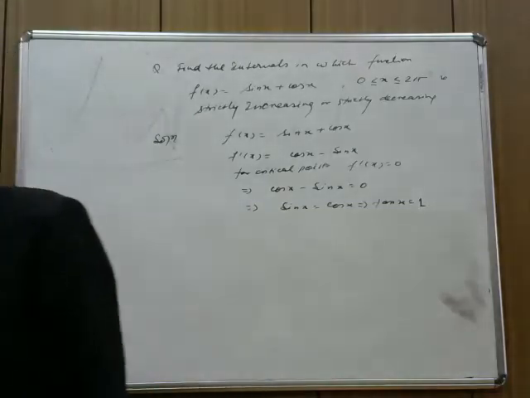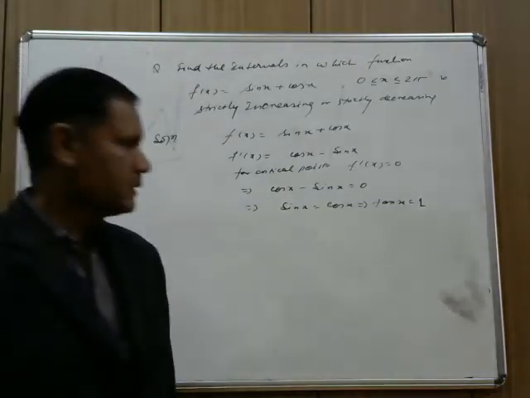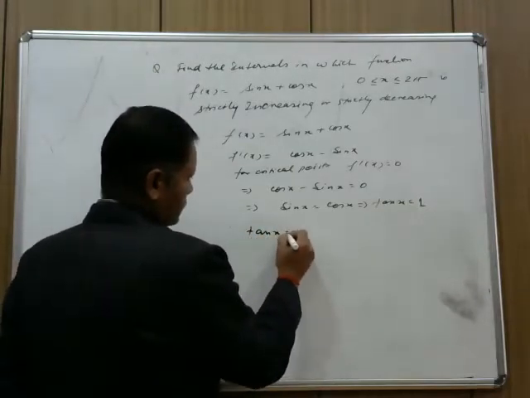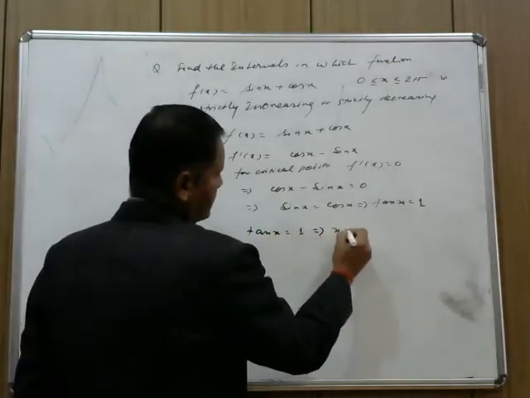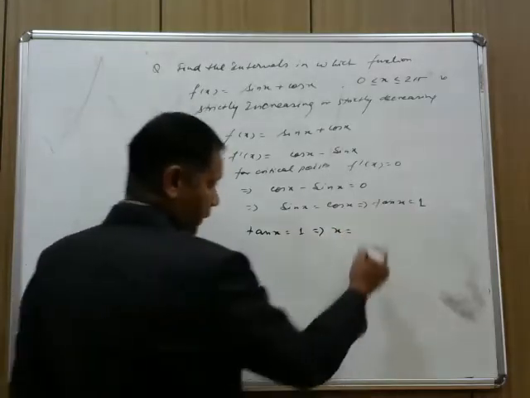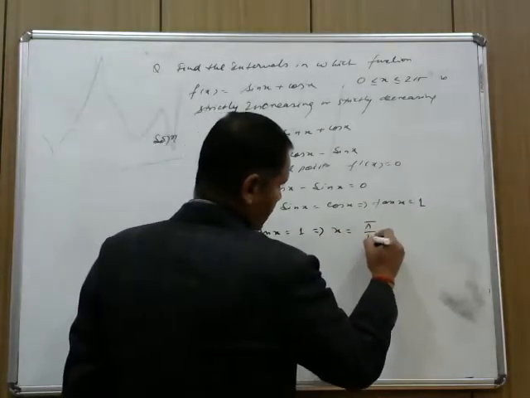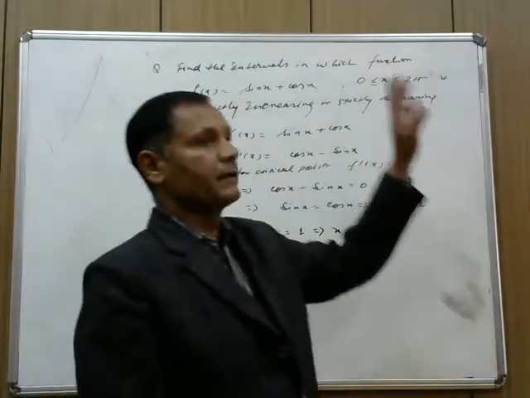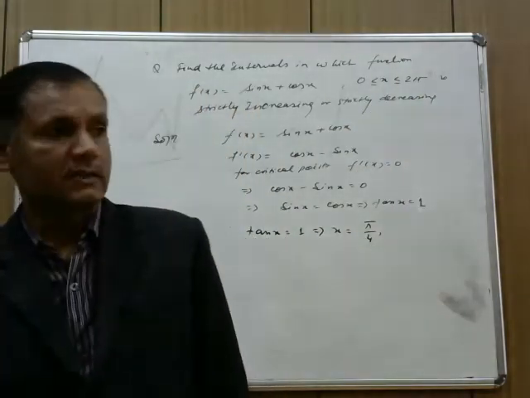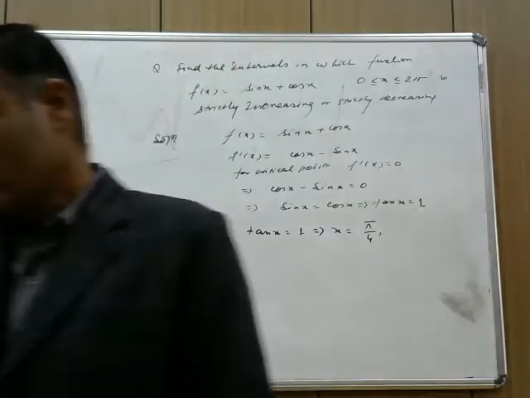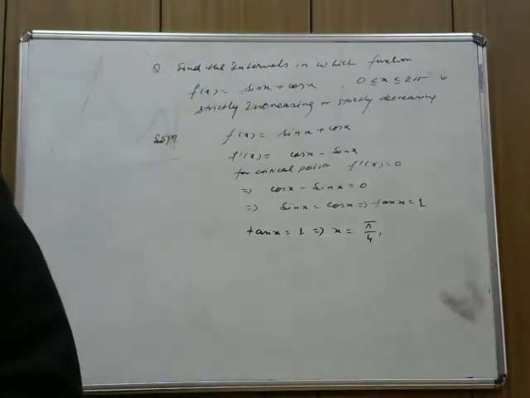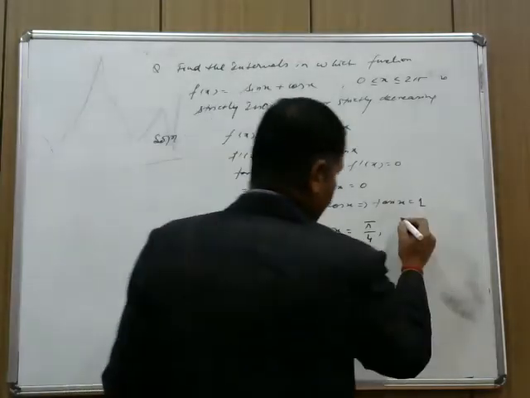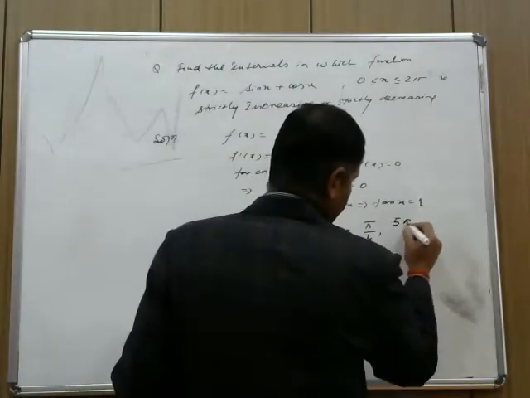Now tan x is equal to 1, right? Therefore, it implies that x is equal to pi by 4. But it is given that x lies between 0 to 2 pi, the whole 360 degrees. That means there are two places where we will have tan x equal to 1. That is pi by 4 and pi by 4 plus pi, which we can also write. Yes or no?